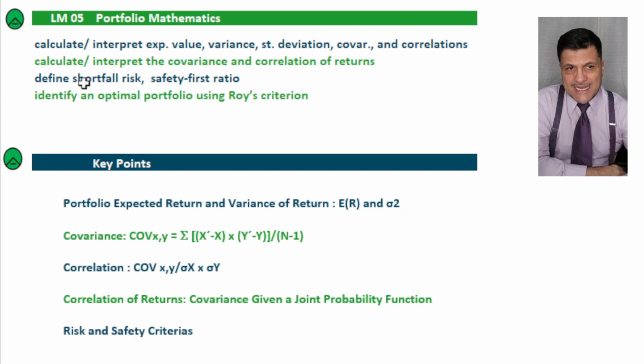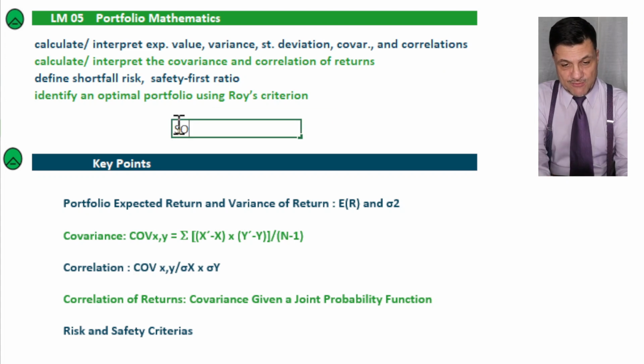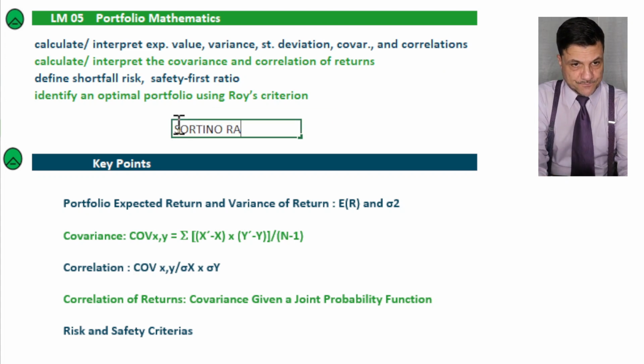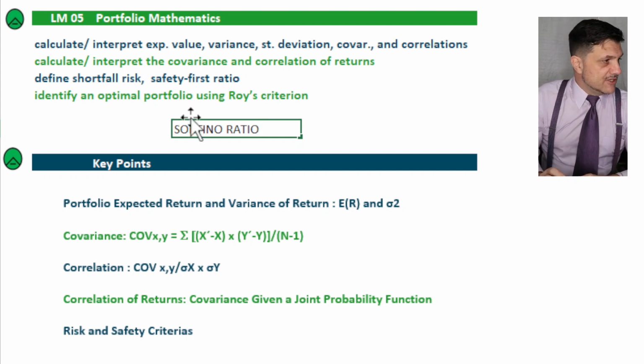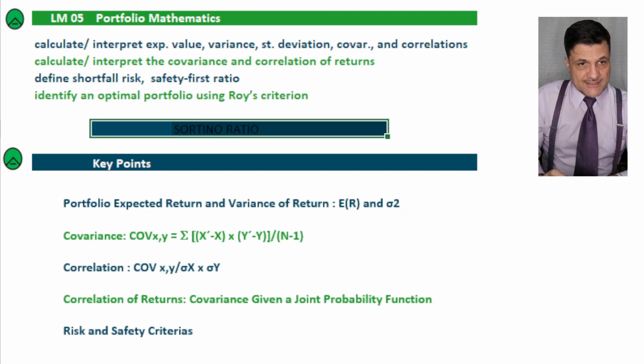Let's talk about that. Shortfall risk is the risk of the values being below the expected value. In portfolio management, you're going to learn about the Sortino ratio. It's a ratio that focuses on the downside deviation.